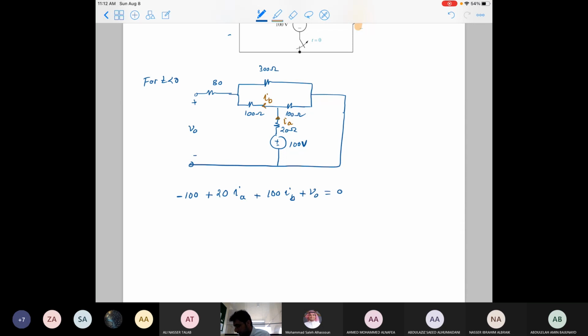So V naught will be 100 minus 20 IA minus 100 IB.